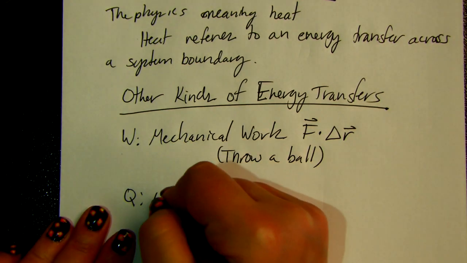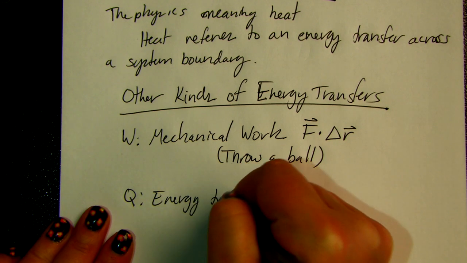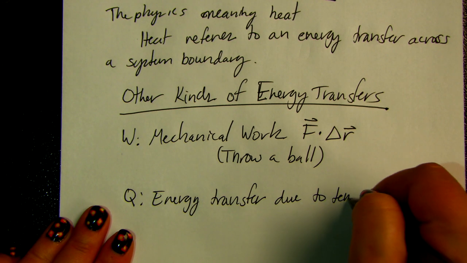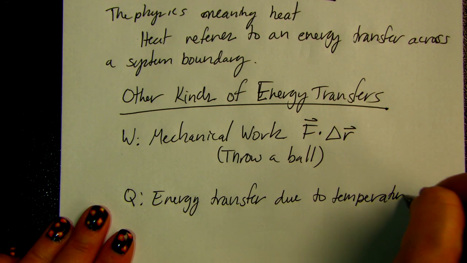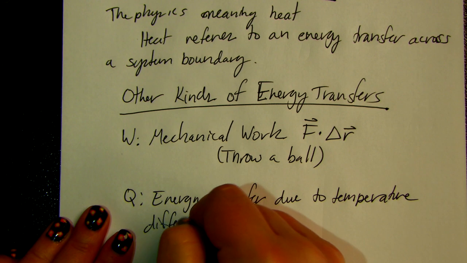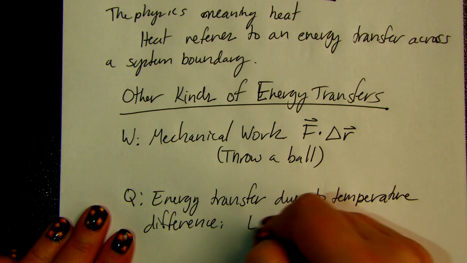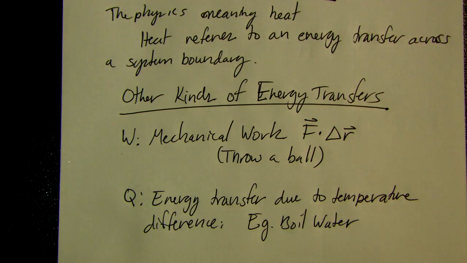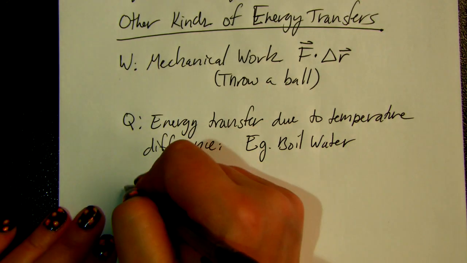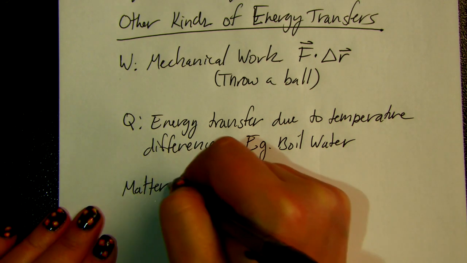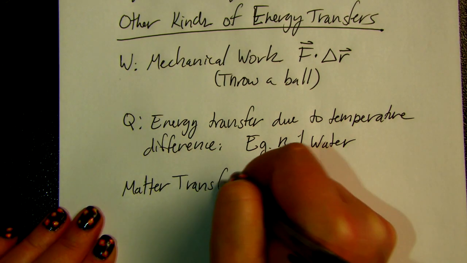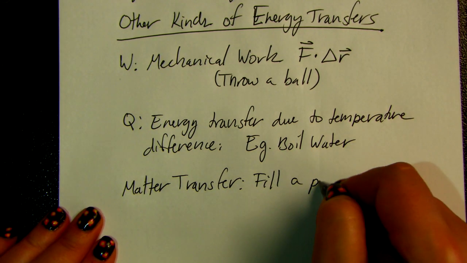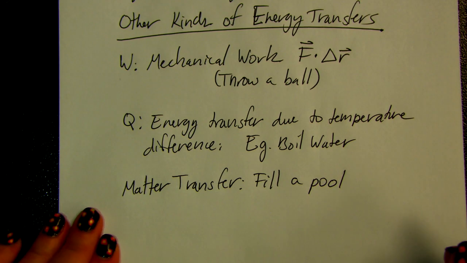Q, energy transfer due to temperature difference, so boil water, and you'll introduce some Q. You can have a matter transfer. So for example, you could fill a pool with water. That's going to change things and transfer around some energy.